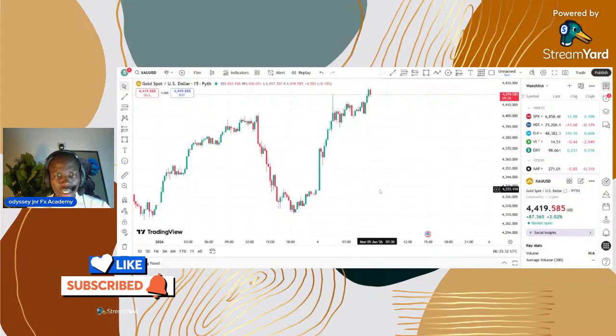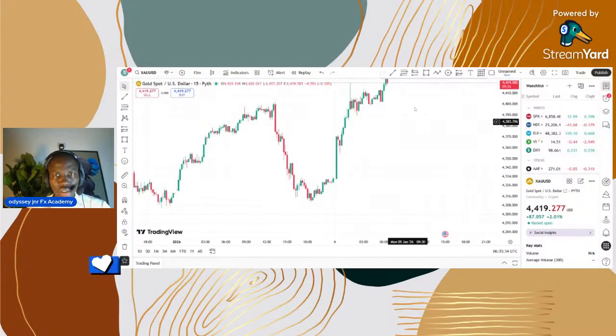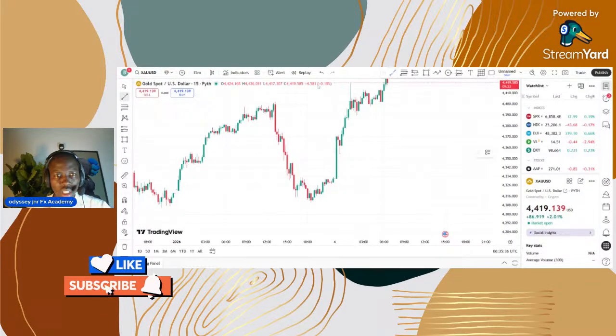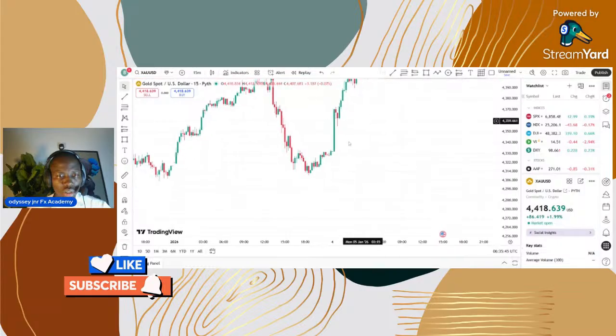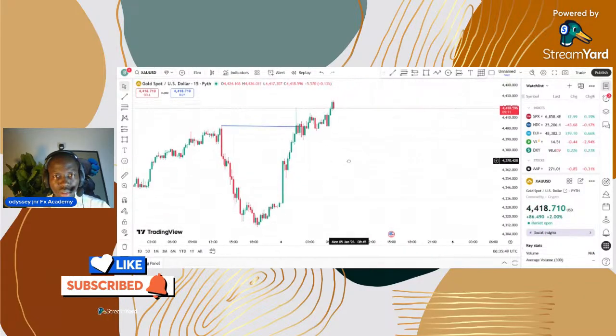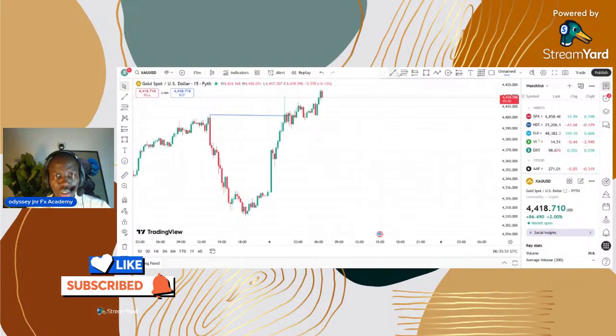From this 15 minutes, I'm looking at this. See, we have this break of structure. Depending on the momentum of this market, I'm looking at this order block that is here, this particular one.